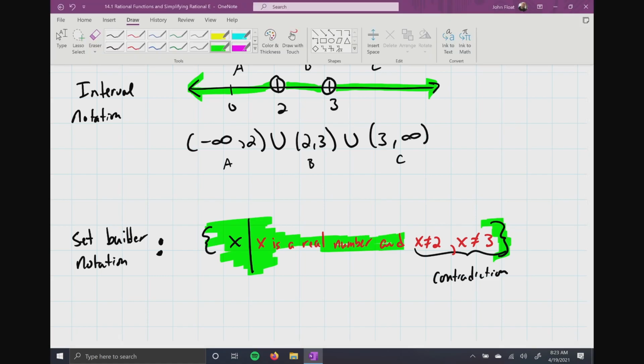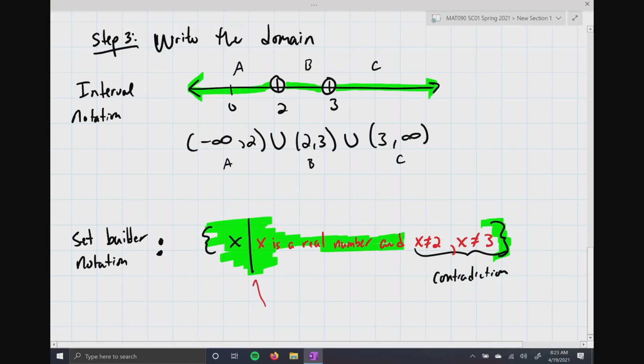Now, this vertical bar is read as such that. So when I read this, I read it as X is such that X is a real number and X cannot equal 2, X cannot equal 3. Are there any questions there?